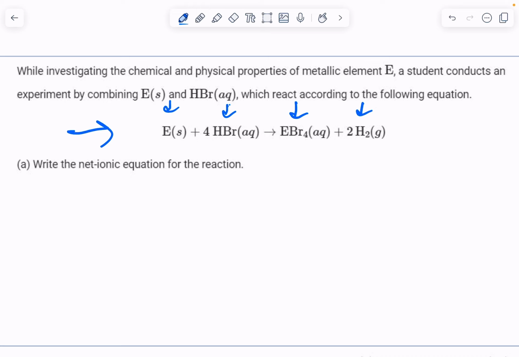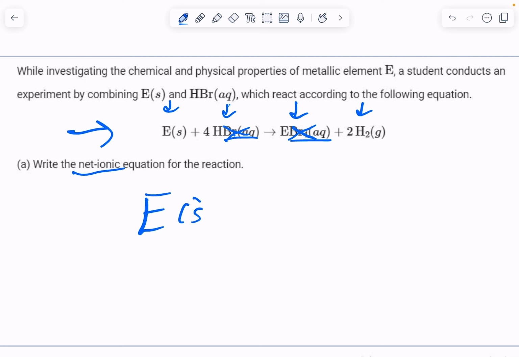So the only element that is the same on each side in the same state of matter is the bromine. Bromine is in an aqueous state on both sides. So this is the one that we want to leave out of the equation when we write a net ionic equation. So I'm just going to bring everything else down.